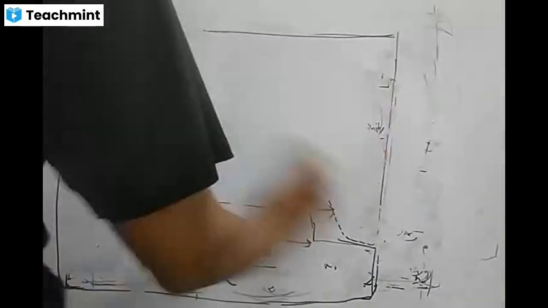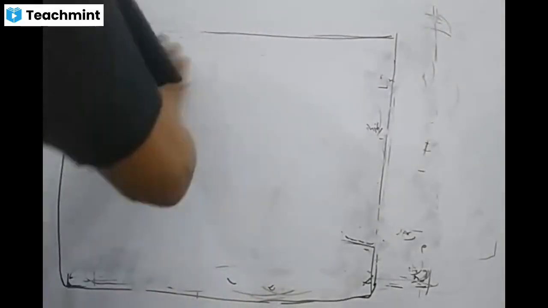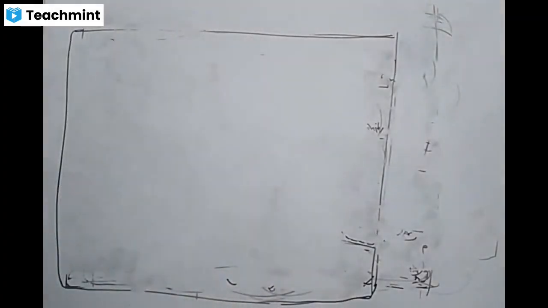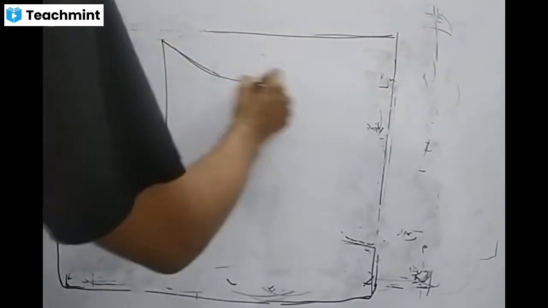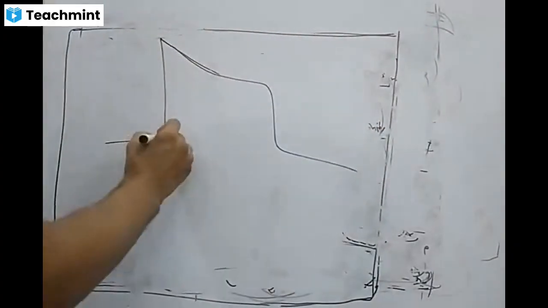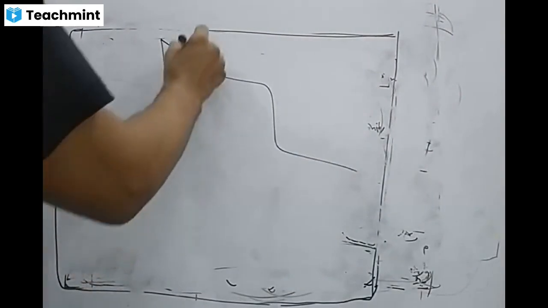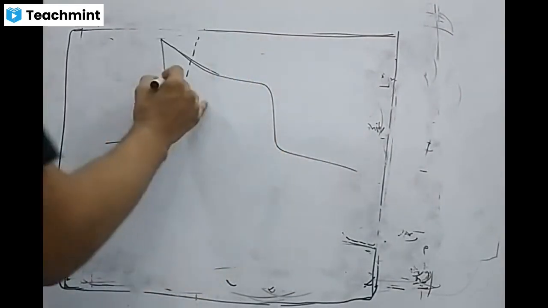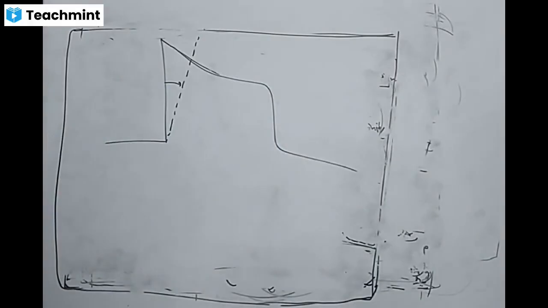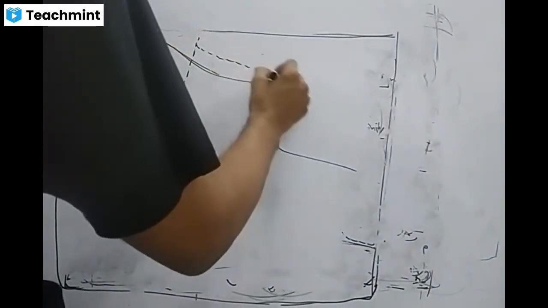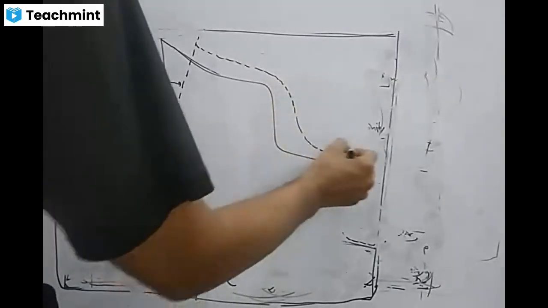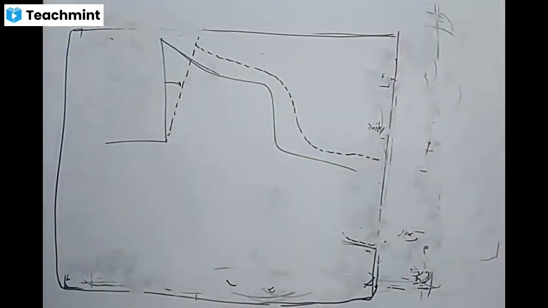One is they will decrease the depolarization. If I make a graph, this is normal, and 1A will slow down the depolarization phase. Second, they will also slow down the repolarization phase.